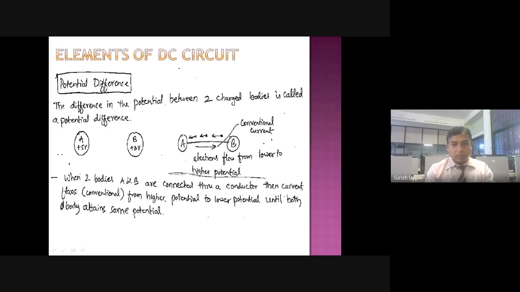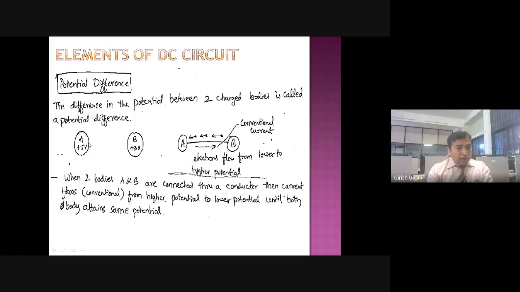So now we will understand the potential difference. What is the potential difference? We have electric body B and electric body A. These are charged. Work is done and these bodies are charged. Electric body A is charged to plus 5 volt and electric body B is charged to plus 3 volt. So electric body A is at a higher potential and B is at a lower potential.